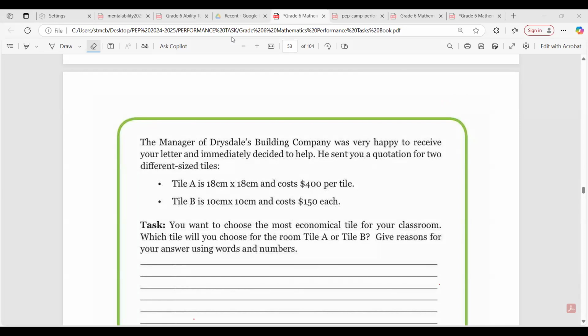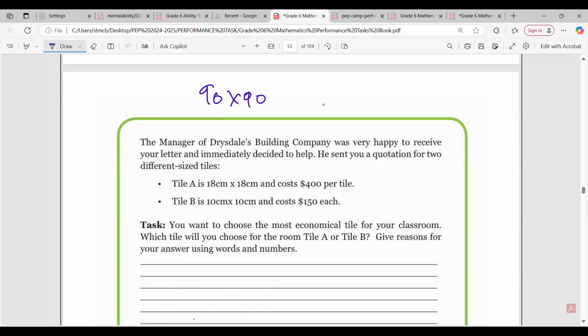I got tile B because I looked at task 1. I got 90 for length and 90 for width. All right, hold on. We just write down that. So it's 90 by 90. All right. Prove that tile B is better. Then I divided 18 and 90, and you get 5.